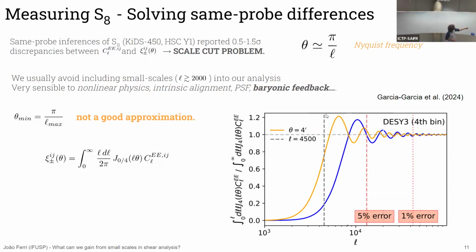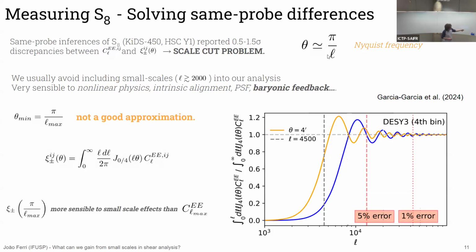So this dashed line here is L 4500. If you integrate up to this L only, you have a 20% error in your estimate of psi. To have something like a 5% error, you must integrate this expression right here up to 10,000. And if you want a 1% error, you must integrate to 40,000. So it's 10 times more multipoles than the actual scale given by this relation right here.